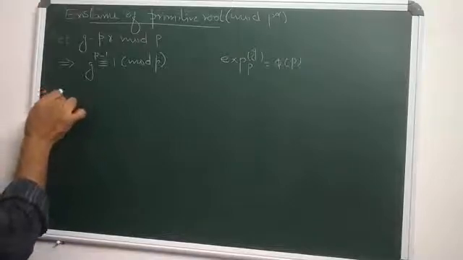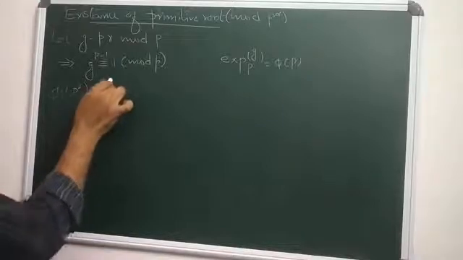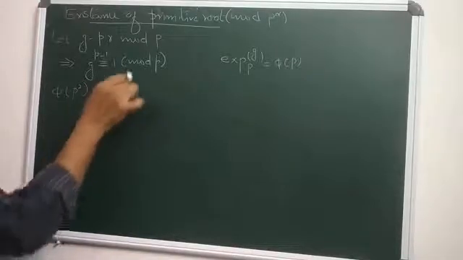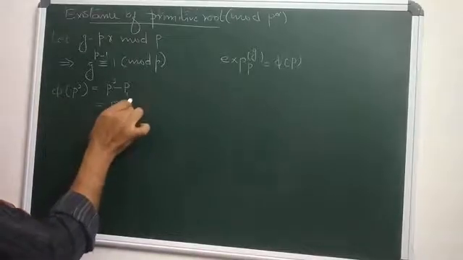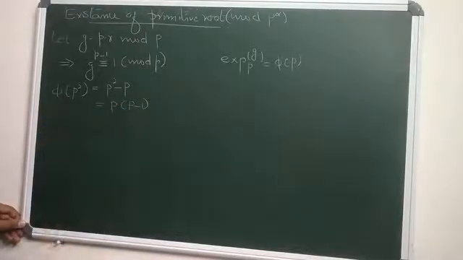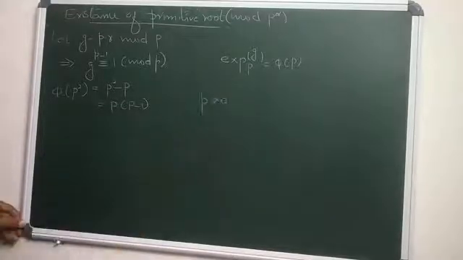Now, what is phi of p square? We know that phi of p square equals p square minus p. This is a known result. P square minus p means it is p into p minus 1. But what is p? P is an odd prime, means p is greater than 0.